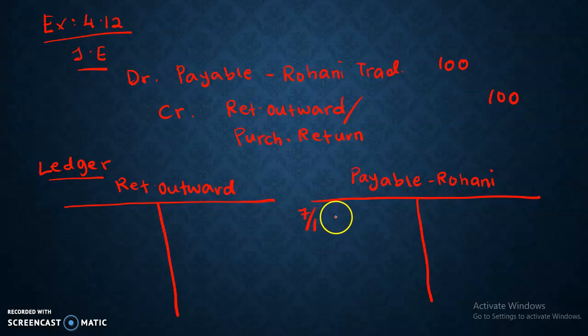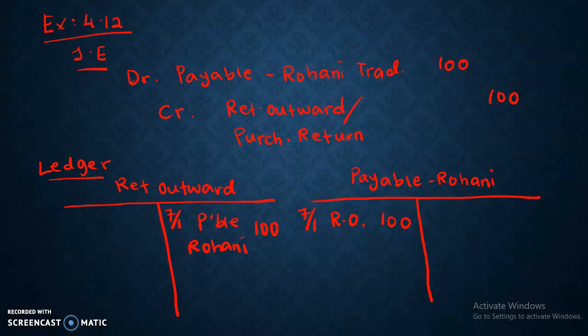Put it as return outward, amount 100 ringgit, and then on the credit side of return outward, we will key in the transaction with particular of payable Rohani. So this will be the purchase returns transaction.